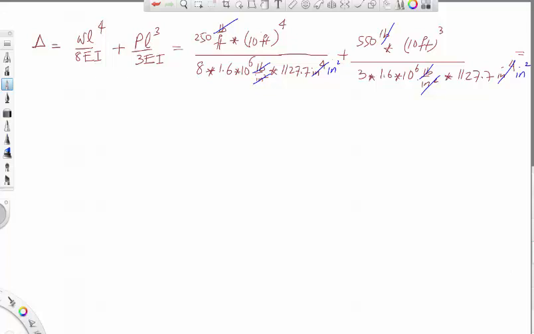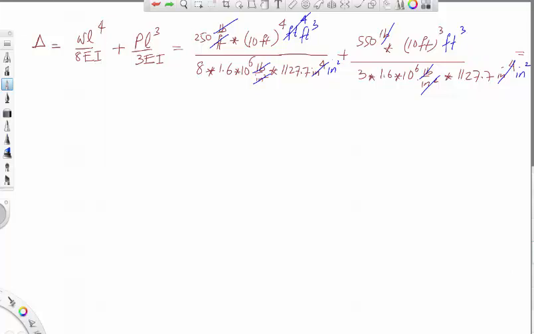Now this part, the unit becomes foot to the power of 4, and this one becomes foot to the power of 3. Doing the cancellation here, foot to the power of 4 over foot becomes foot to the power of 3, and on this side we don't have any cancellation, so that is fine.